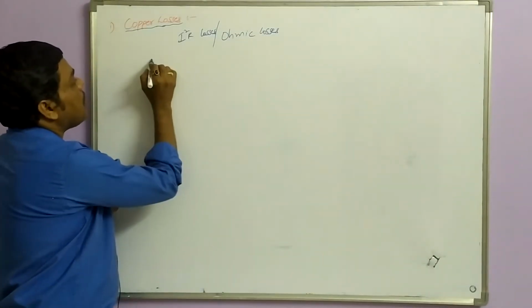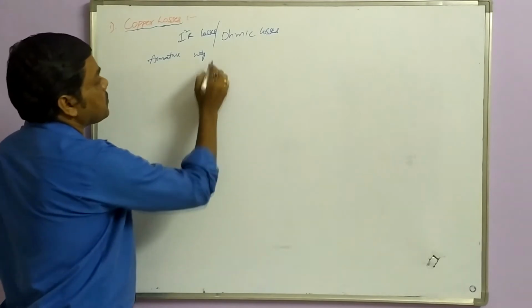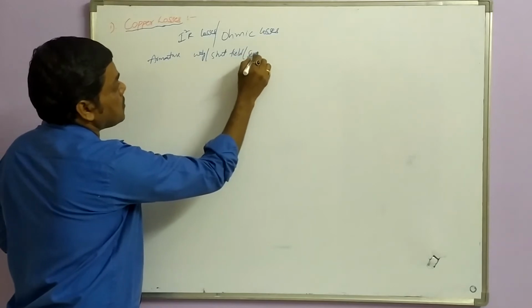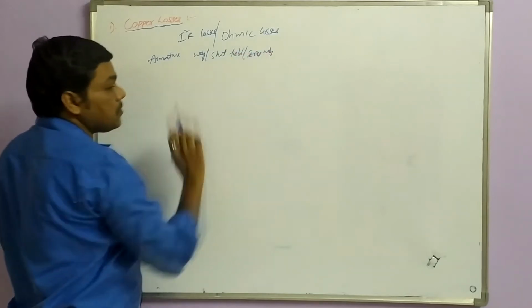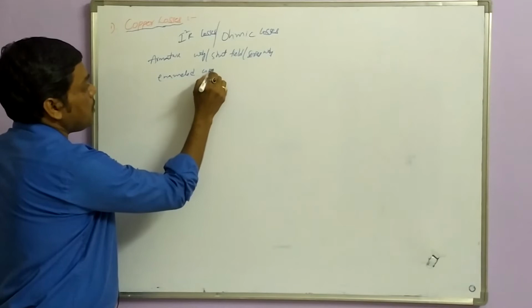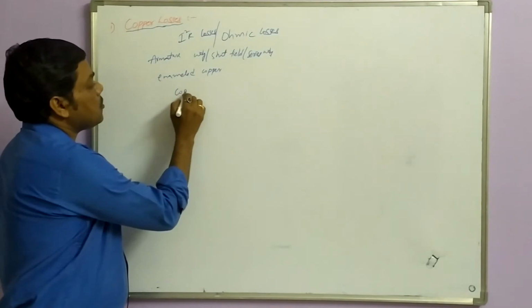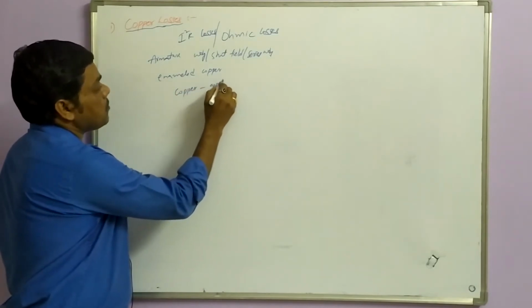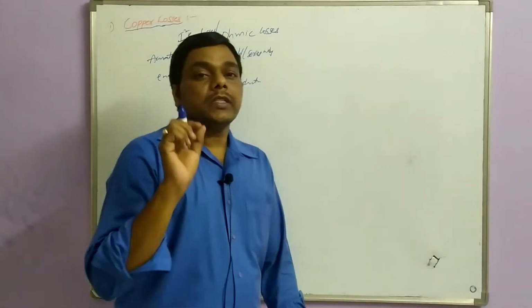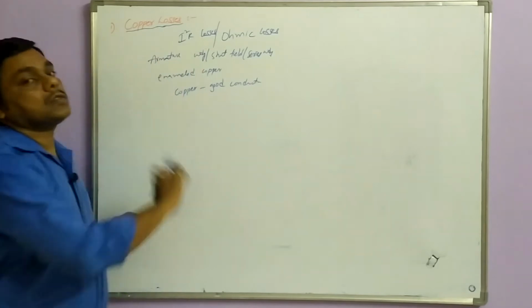We know that armature windings, shunt field winding, and also series field winding are made up of enameled copper. For small machines it is also aluminum. We know that copper is a good conductor of electricity, but still it has some resistance. So due to this resistance there will be a power loss.